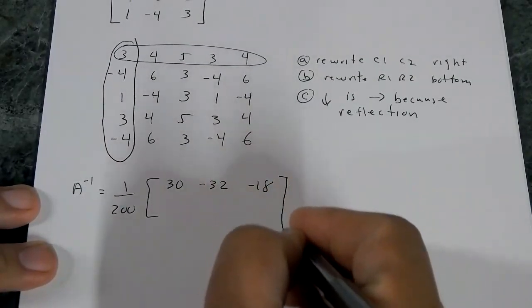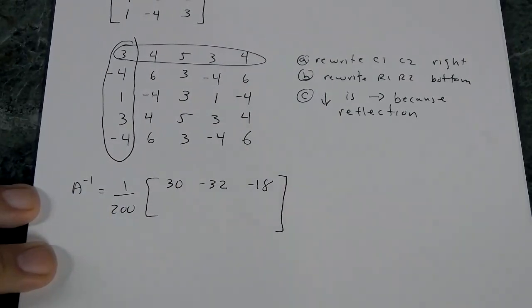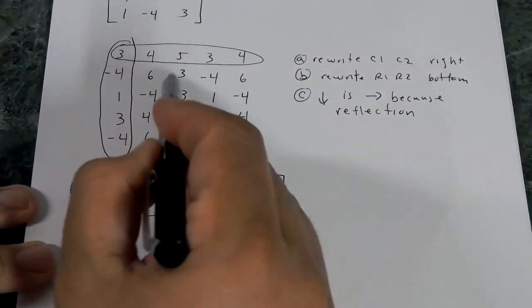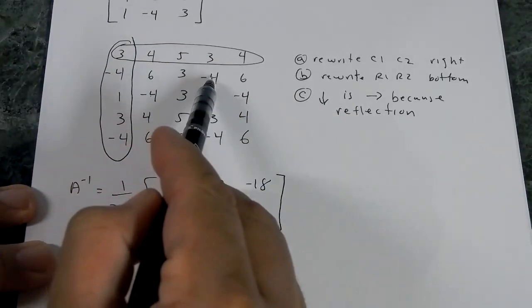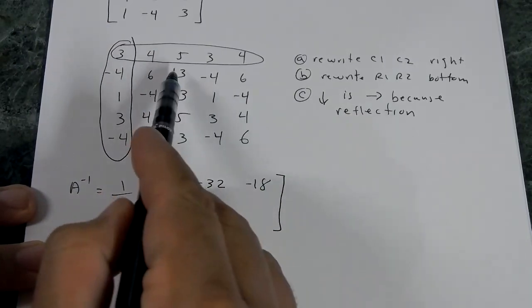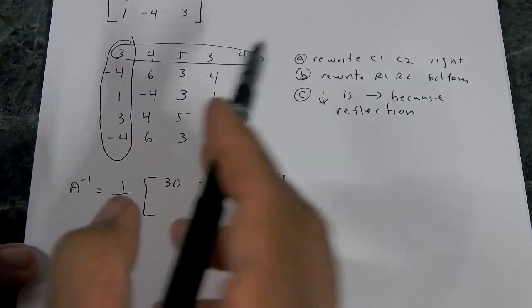And now I'm going to do the same thing with the next ones. See these 4 right here in the middle? 3, -4, 3, 1. See those? If I do that, 3 minus a -12, that's a 15.